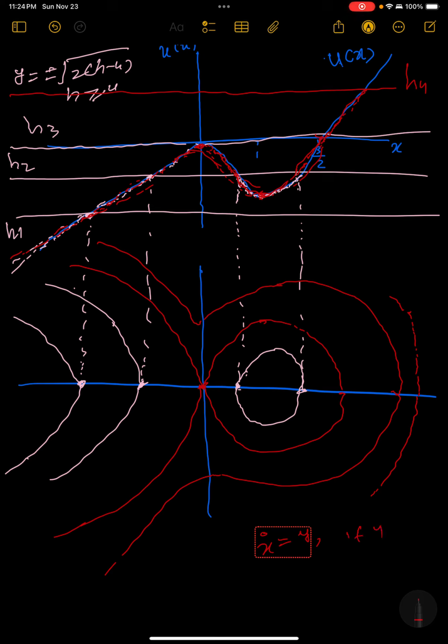Now if y is positive, then my x dot is positive, so over here my y is positive, so my x dot is positive, and x dot positive means this is going this way. And if y is negative, x dot should be negative, so over here y is negative, so x dot is negative, meaning it is moving to the left of the origin. So you can clearly see this.